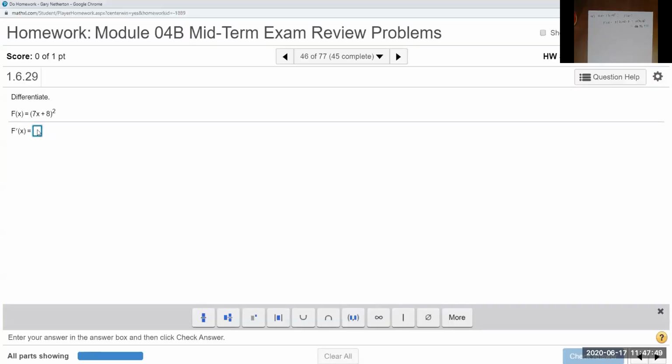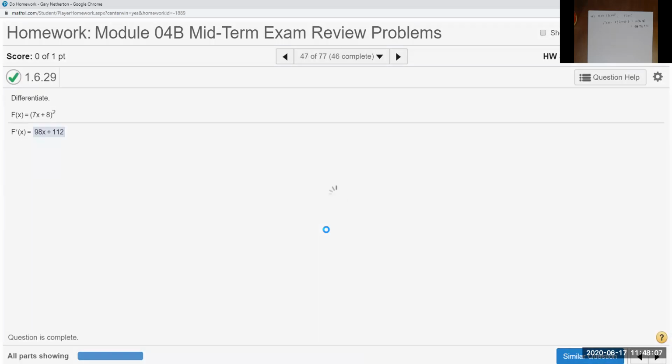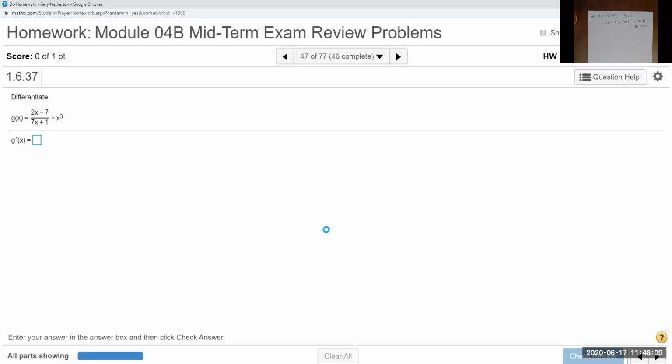My guess is if I would have taken either one, it would probably be okay with the parentheses. Hopefully it's smart enough that it is happy with both. But I just decided to multiply it out. So chain rule makes that one pretty easy.